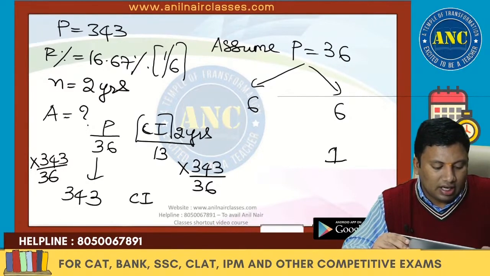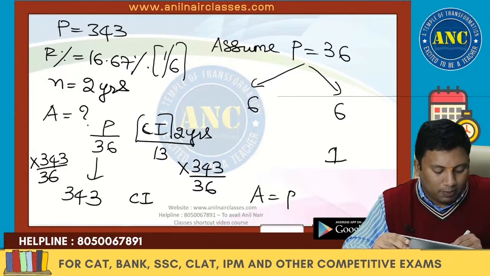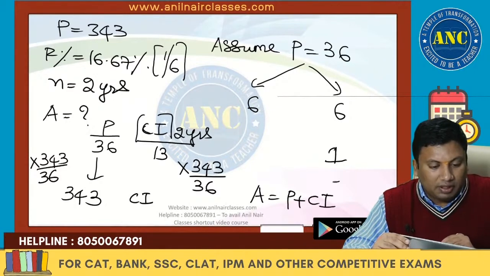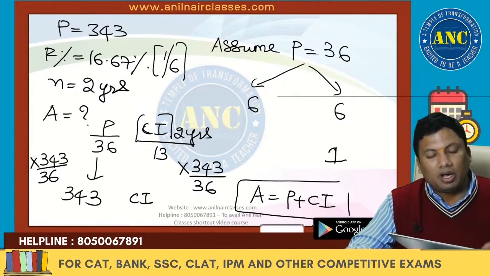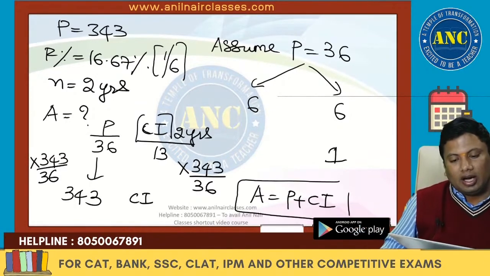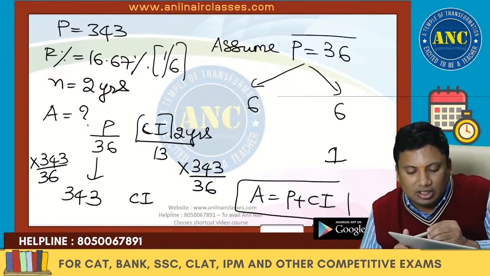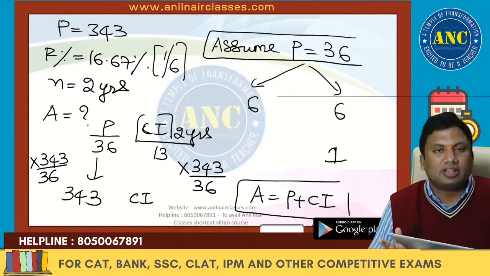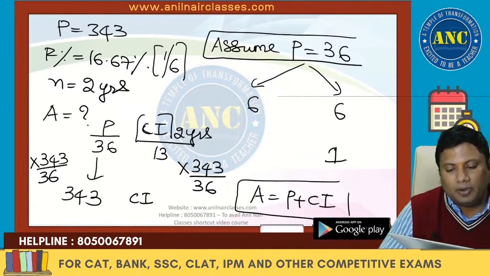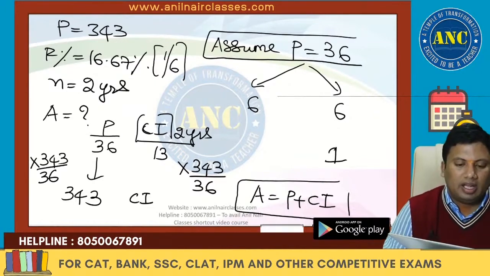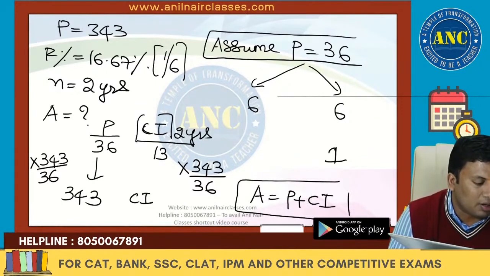This is CI. Amount is principal plus compound interest. If the principal is not a multiple of the denominator, take the principal as denominator power k. I hope the idea is clear.